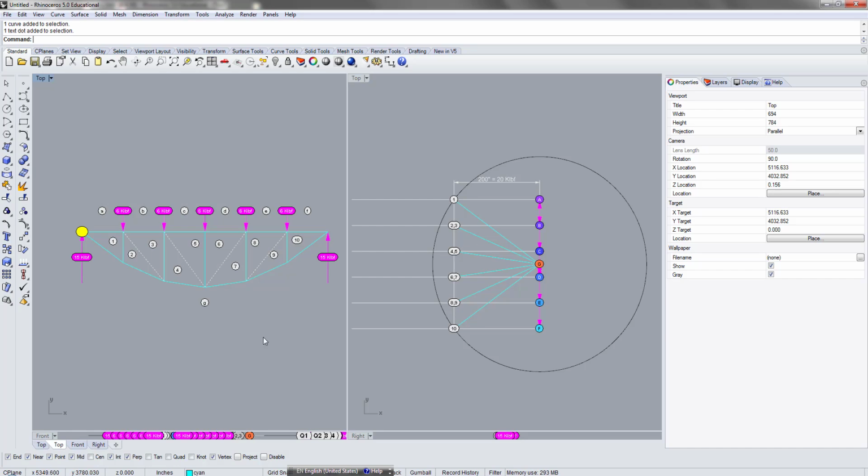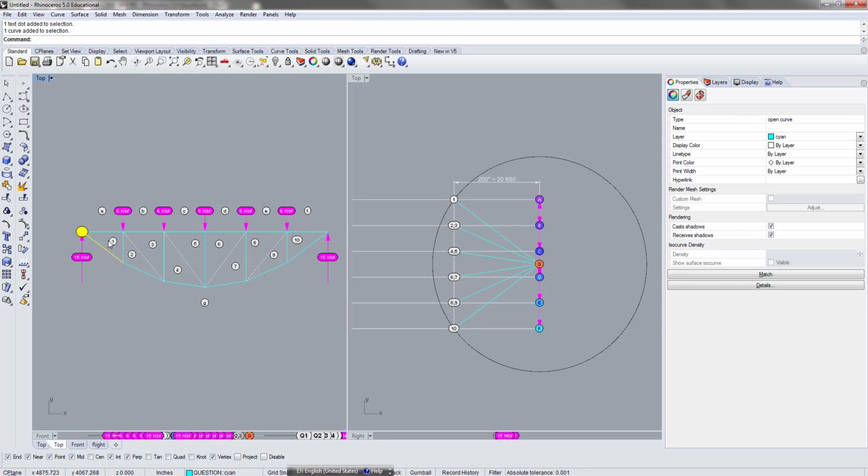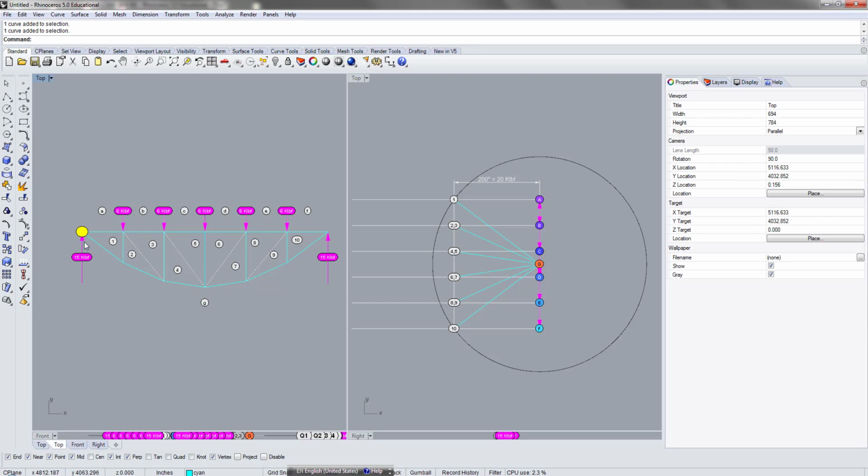Again, we can start analyzing point by point from the left side. That one, 1G, if you get the length of that, it's 250 inches, so the force is correct, and that can stay as is.